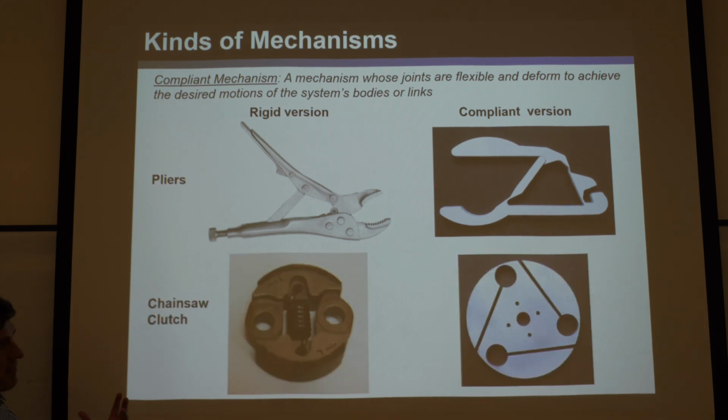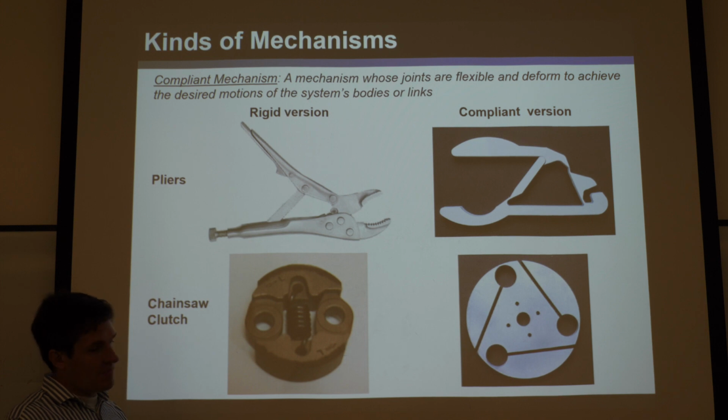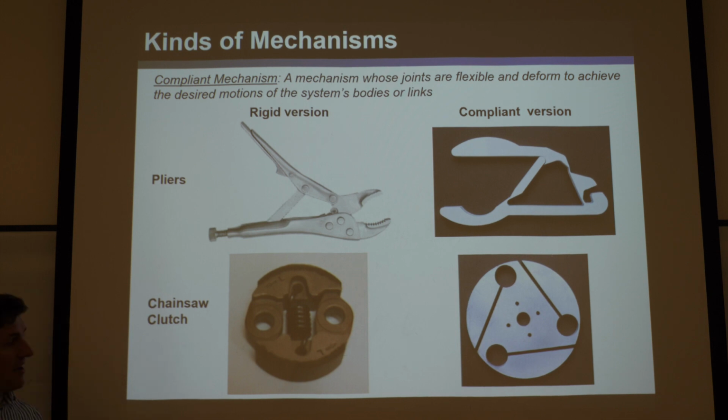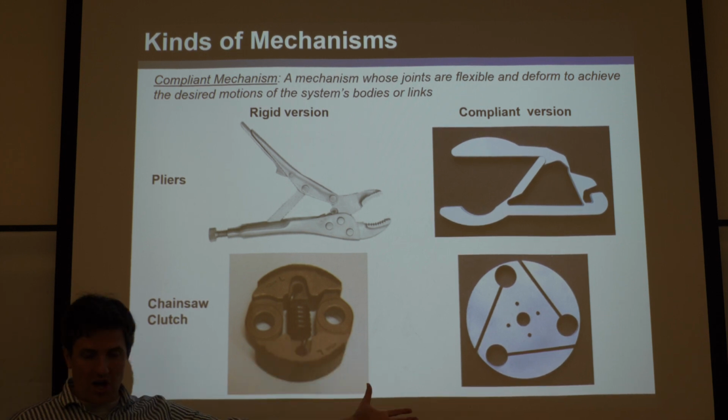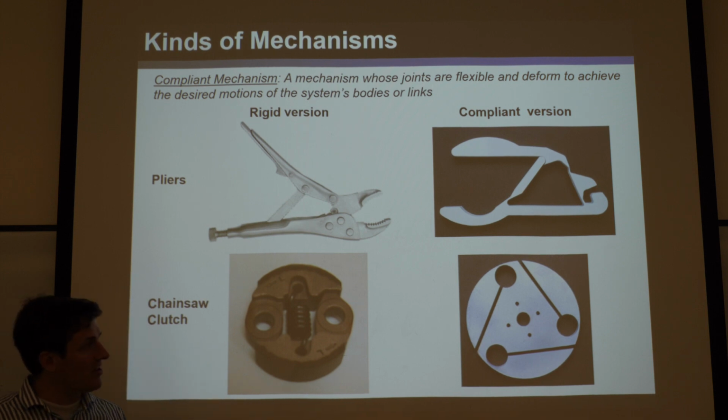Compliant mechanisms are amazing because whereas many traditional rigid mechanisms use multiple parts that need to be assembled, and produce wear and friction and can bind, compliant mechanisms are usually much lower cost. They can be a single piece of material, and they don't produce friction or wear or any of these problems.